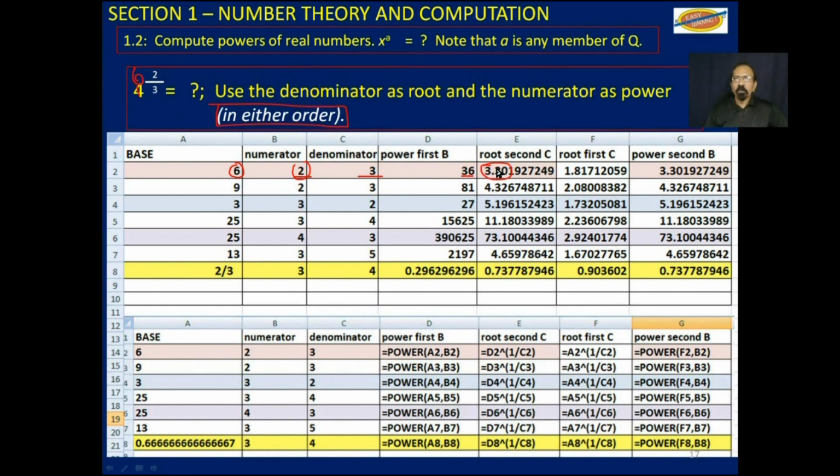Now, if you find the root first, you find the cube root of 6 first, you get this, and then you find the power, the square, and you get this. Notice that these two numbers here are the same. And that follows for the rest of these examples. For anybody who wants to know what formula was used, here are the formulae.